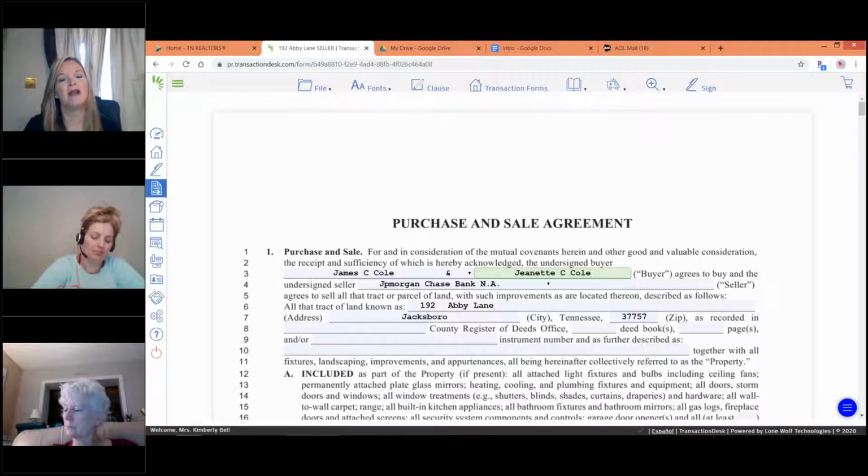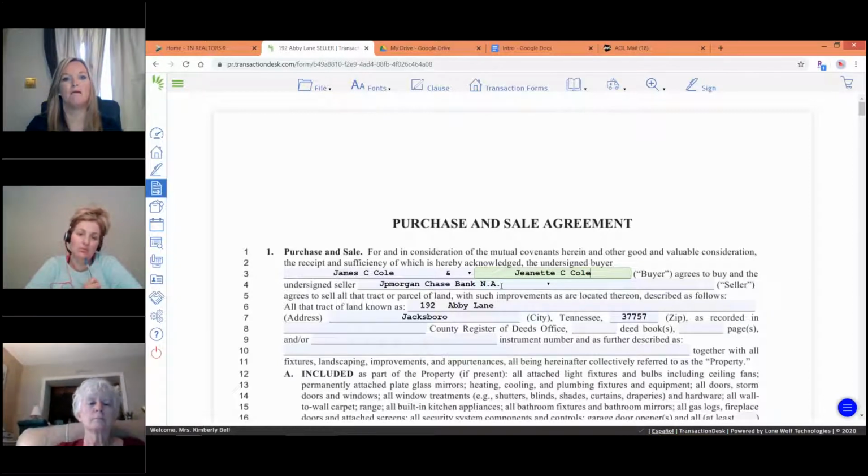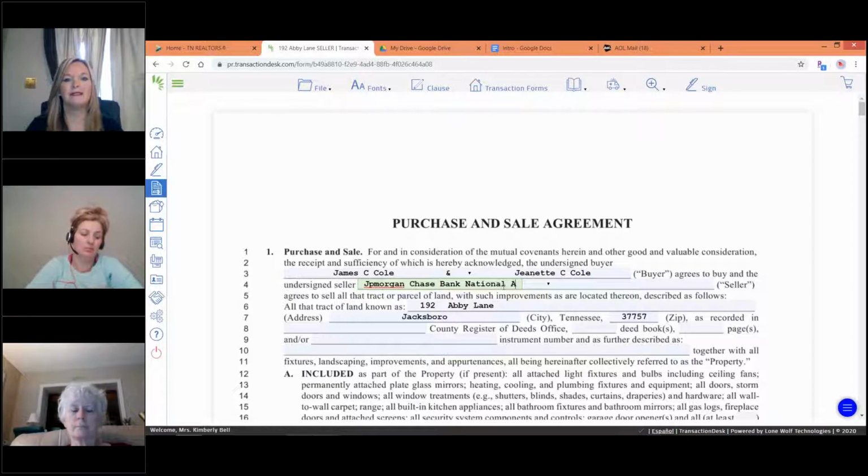I find more often than not an agent might put the last name of their seller. Like when mine came in, for example, I'm pretending I'm representing the buyer right now. It came in as this. Well, that's not a name. That's not a name. So what was I trying to spell, and why is that there?